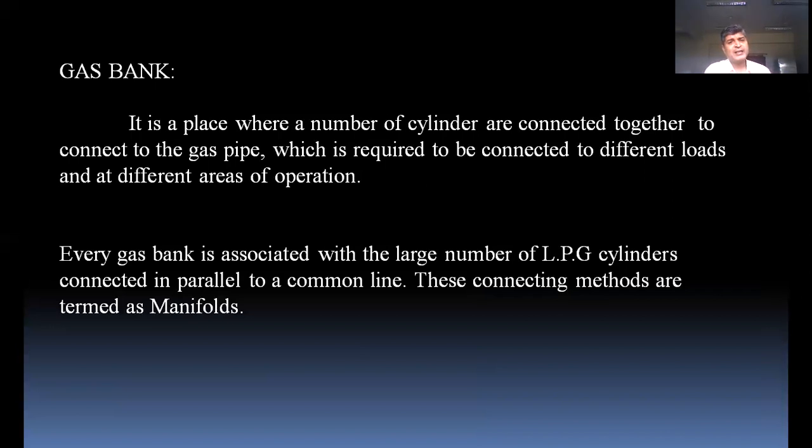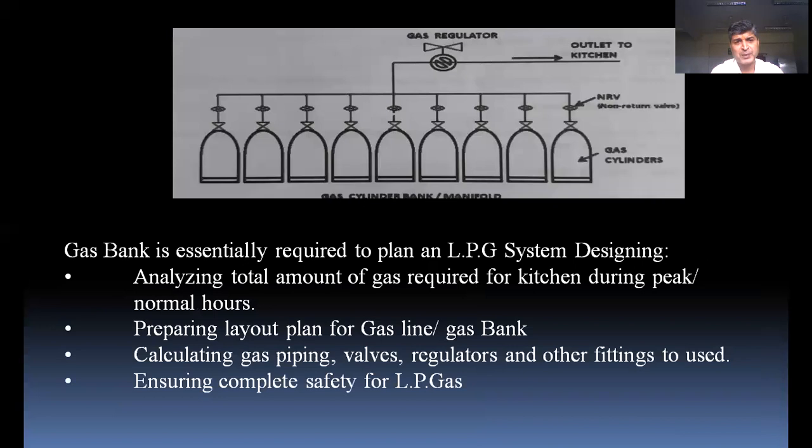Every gas bank is associated with a large number of LPG cylinders which are connected in parallel to a common line, and this method of connecting different gas cylinders is also known as a manifold. Manifold means a number of gas cylinders connected together. It is clearer in the next slide where the picture is displayed.